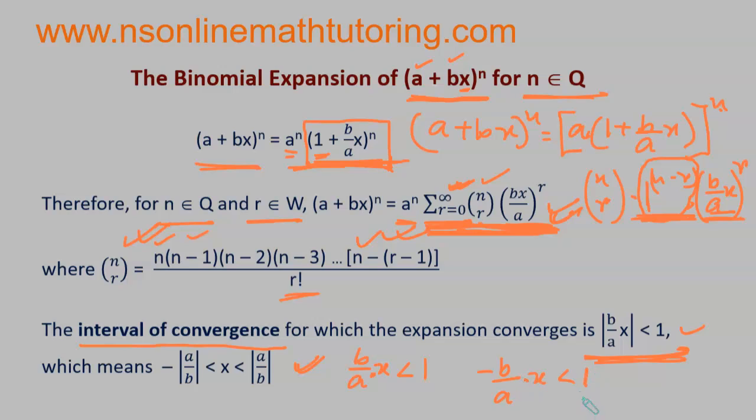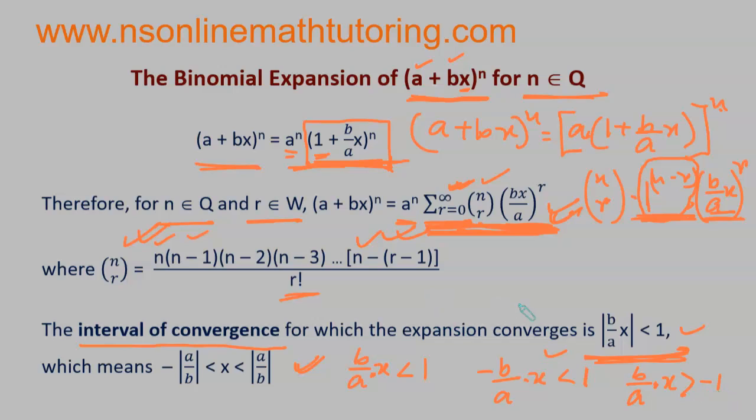So this will be less than 1. Or if we multiply both sides of this inequality by negative 1, the sign will change because we are multiplying with a negative number. So 1 times minus 1 is minus 1. So it is b over a times x is greater than minus 1.